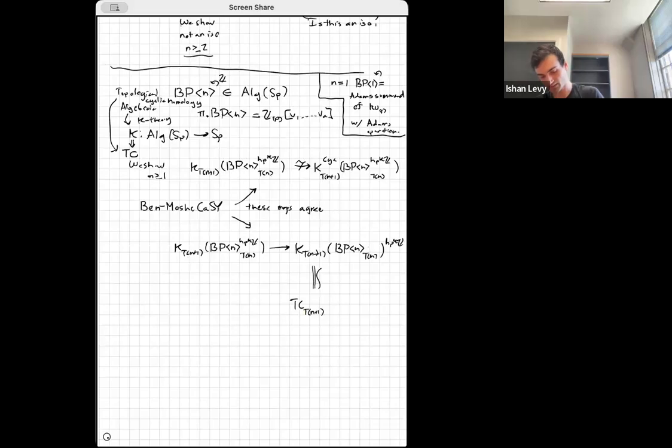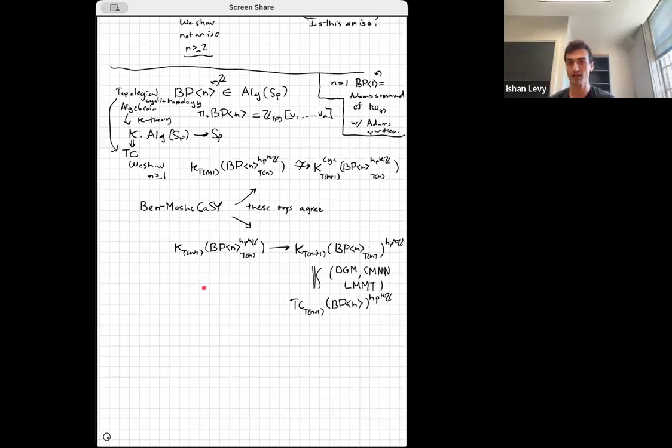So namely, this is just the same as the Tn plus one localized TC of BPn, and then you take the fixed points by e to the kZ. And so this is really due to a lot of people: Dundas, Goodwillie, McCarthy, I'll mention Clausen, Mathew, Naumann, and Noel, and Land, Mathew, Meier, and Tamme.